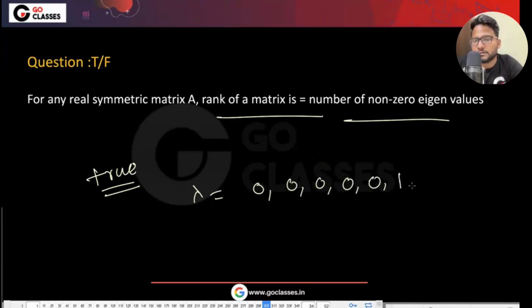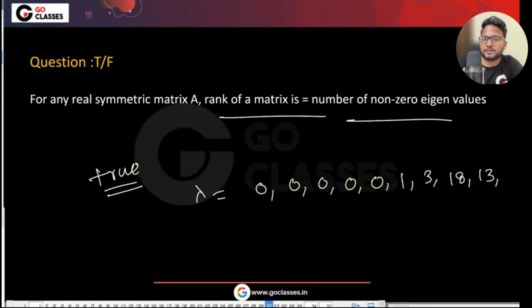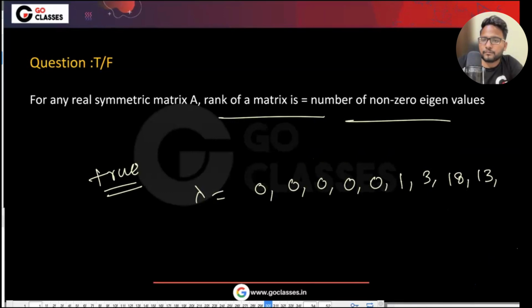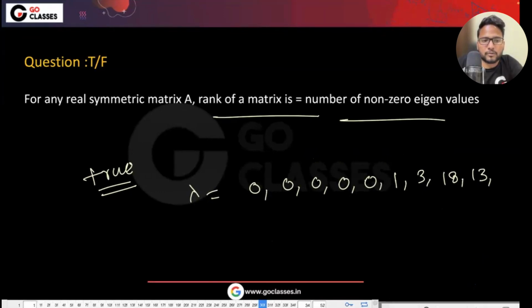So let's suppose this is the case. What is the dimension of the matrix? Can you tell me? I think 1, 2, 3, 4, 5, 6, 7, 8, 9, right?